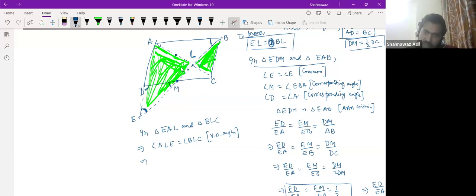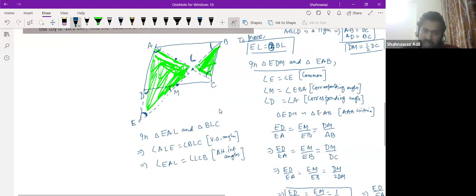Because AD or AE is parallel to BC, this is forming a Z. So angle EAL equals angle LCB, alternate interior angles. Clear, guys?